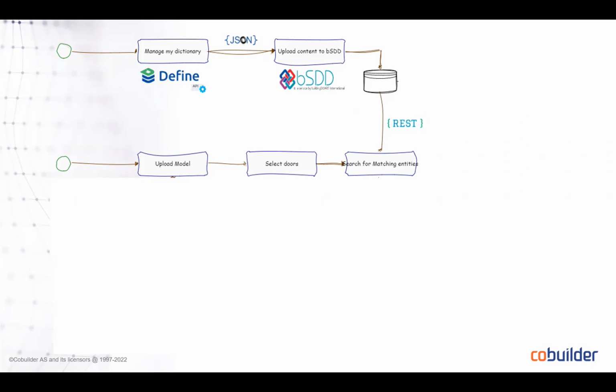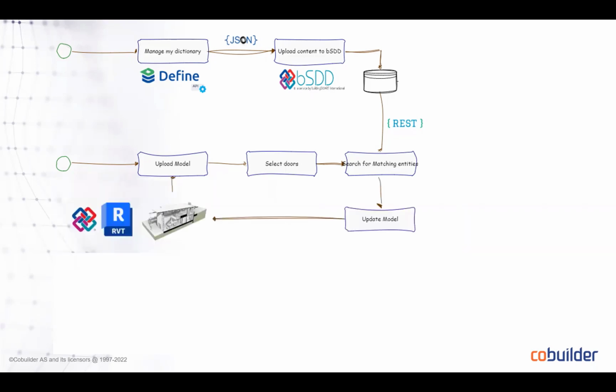So by calling the API, you will be able to do this kind of filter by checking the value of this attribute. Maybe there are other ways, but that can be a possibility. So through the REST API, for example, bSDD will send me the results. I will update my BIM model with the properties I've chosen from bSDD and send back information in the model.